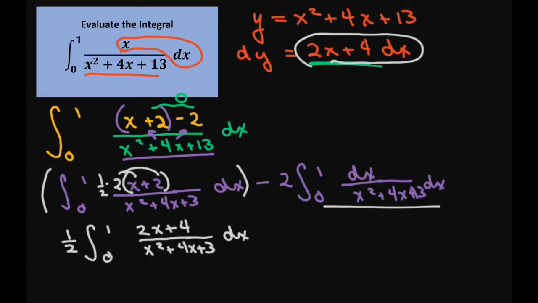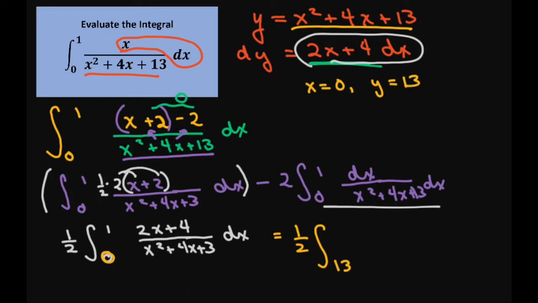To use the method of substitution now, I'm going to have to change my upper and lower limits. So I have 1/2. Now, if I have 0 here, then if I substitute 0 back into this, my y is going to be 13. So when x is 0, my y is 13.